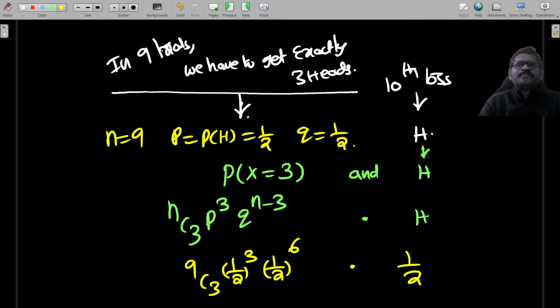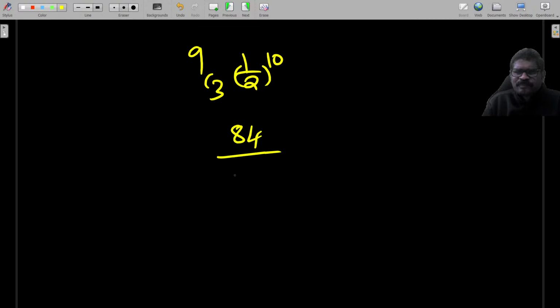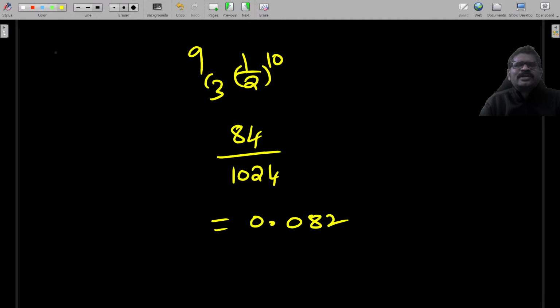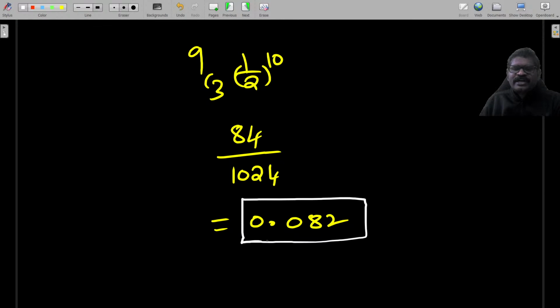That is 9C3 into (1 by 2) whole power 10. 9C3 is 84 by 1024, that is 0.082. That is the required probability.